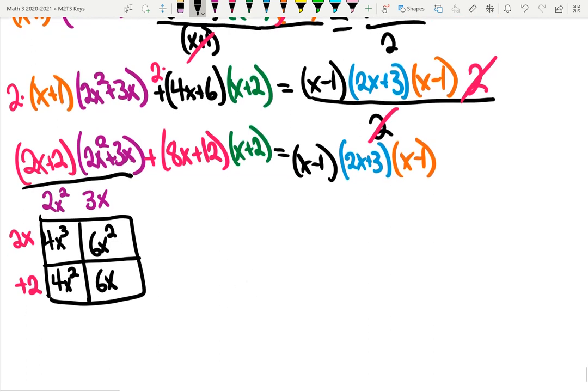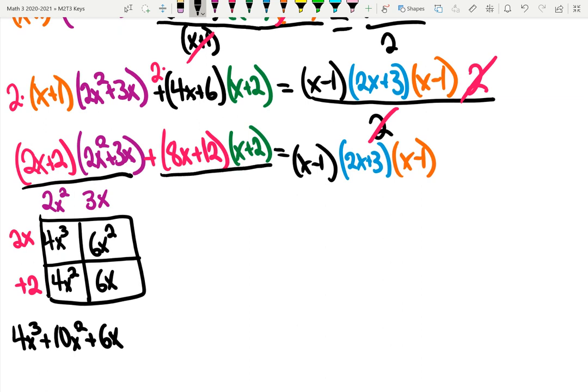What does this first part mean? Well, this simplifies to be 4x to the third plus 10x squared plus 6x. I combine the 4x squared and the 6x squared.